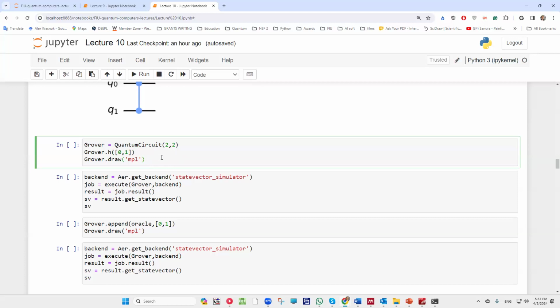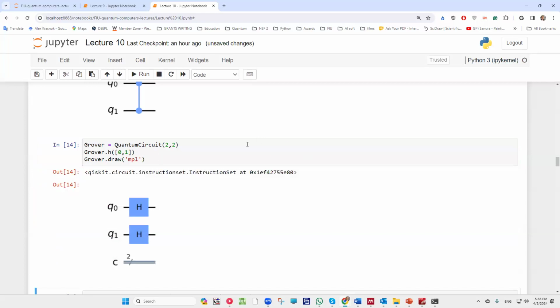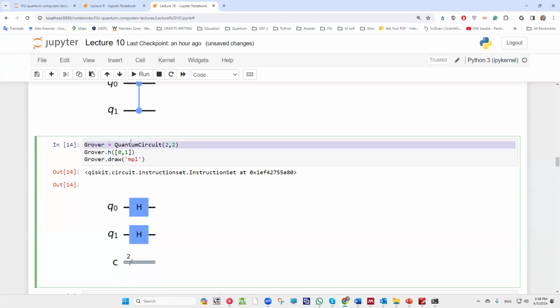So now we need to start the Grover circuit. We create a quantum circuit with 2 quantum and 2 classical registers.